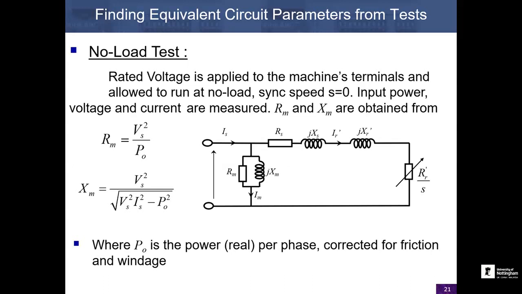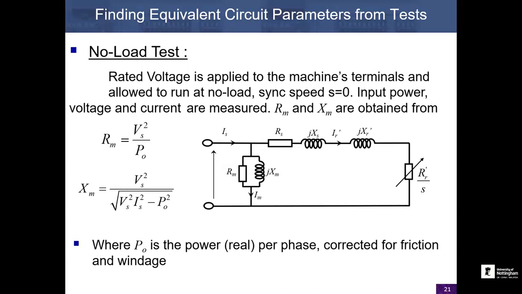We've got no load torque, and eventually it'll end up very, very close to the synchronous speed at a point just representing the mechanical losses of the system. But if we do that, our slip factor is going to go down and down and down, our rotor branch resistance goes up, and so we can assume in the no-load test that our rotor branch resistance and impedance is more or less infinite.